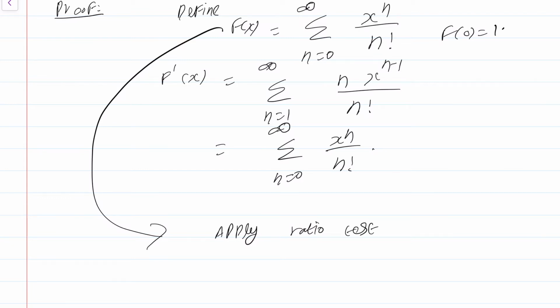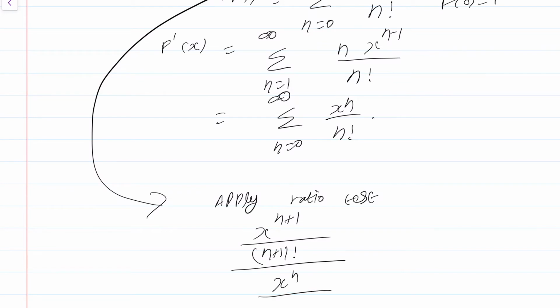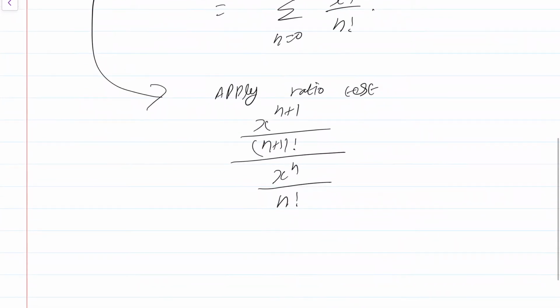Well, what do you get when you apply ratio test? You get x power n plus 1 by n plus 1 factorial divided by x power n by n factorial. Well, what happens to this? You just get n factorial and n plus 1 factorial. The n factorial part will get cancelled.